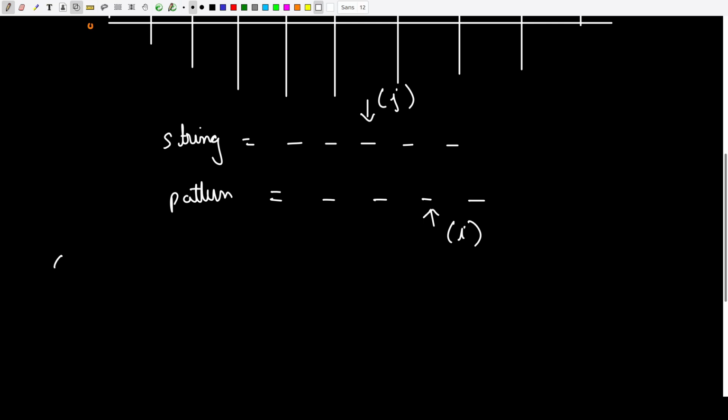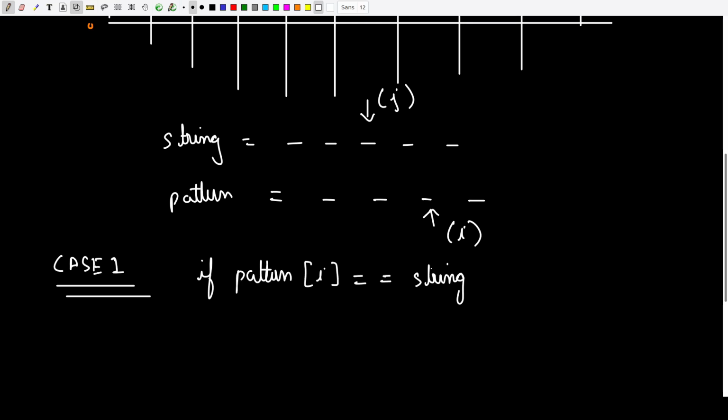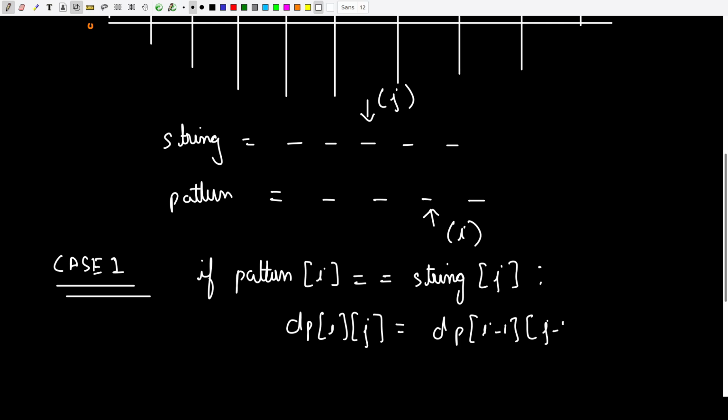Now in our case 1, if the ith character of pattern and the jth character of string match, then the value of DP[i][j] will be equal to DP[i-1][j-1].